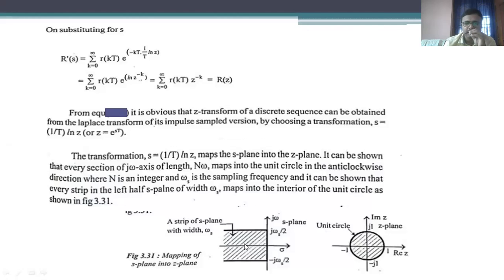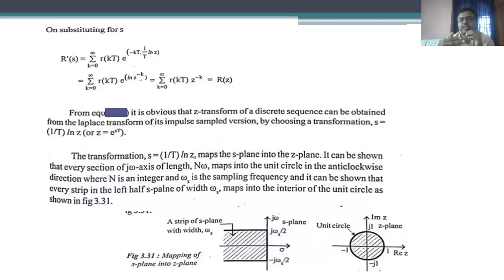Okay, the portion which we have considered in the left hand portion of the S plane has to map with the interior portion of the unit circle in the Z plane. So this is the relation or the mapping between the S plane and the Z plane.